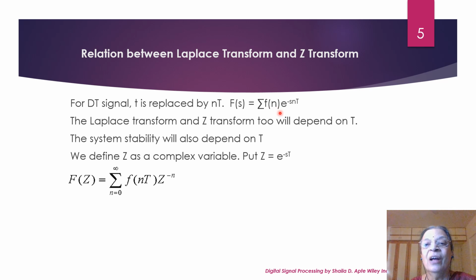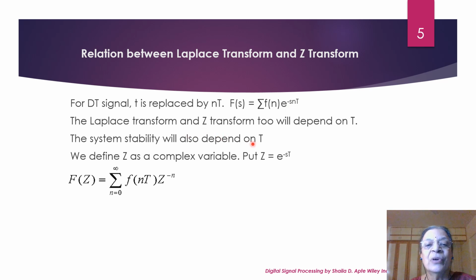So summation Fn e raised to minus Sn capital T, where the capital T is the time interval between the two samples, N is the nth sample it is representing, and S is the corresponding complex frequency variable.